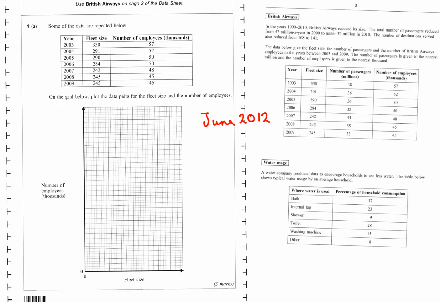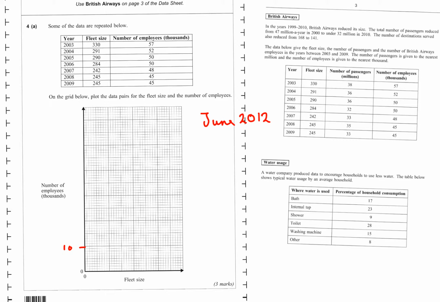Now another thing you have to remember is when you're trying to do a grid, make sure that you use equal amounts. What I mean by equal amounts, I've decided for the number of employees I'm going to go up in tens. So you look at your graph paper, that's 10.